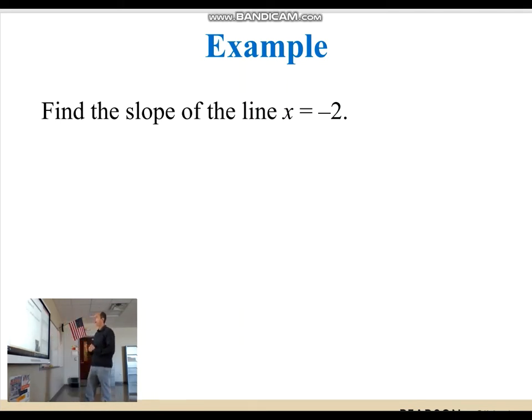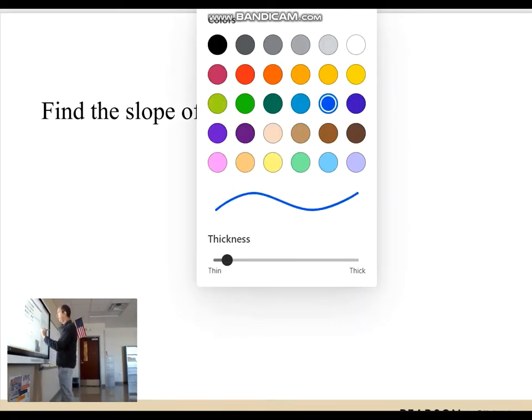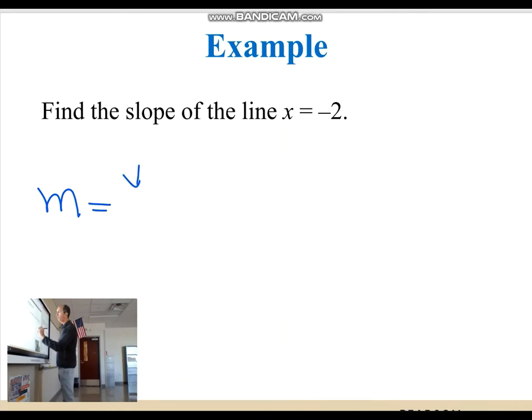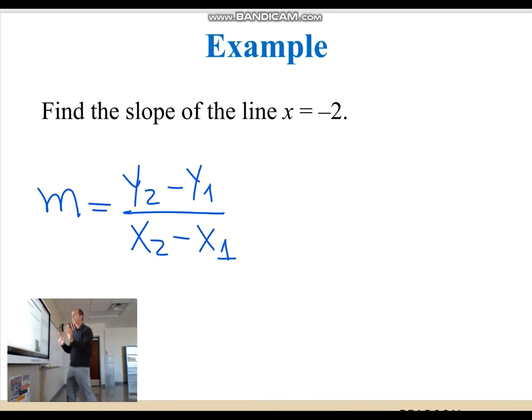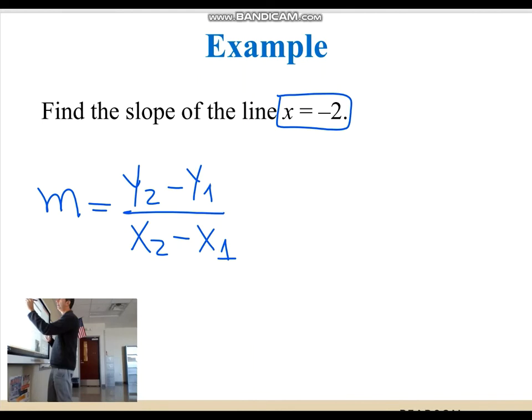Well, think about it. Just as an exercise, we can use the formula of the slope, m equals y2 minus y1 over x2 minus x1, okay? If we have x equals -2, that means, let's say if y equals 0, x equals -2, always.